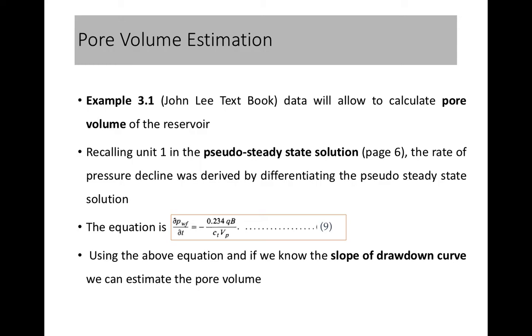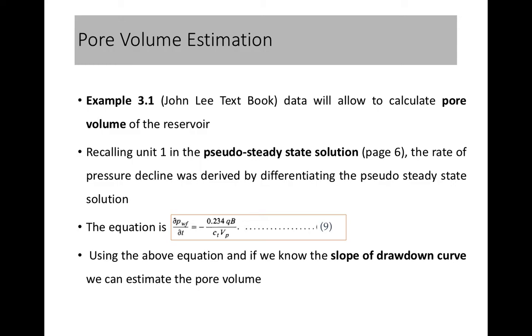If you recall unit 1 pseudo steady state solution, page number 6 of the John Lee textbook, there what we did was a differentiation with respect to time for the solution that is coming out of the pseudo steady state solution, and we arrived at an equation which is similar to equation 9 shown in this slide.